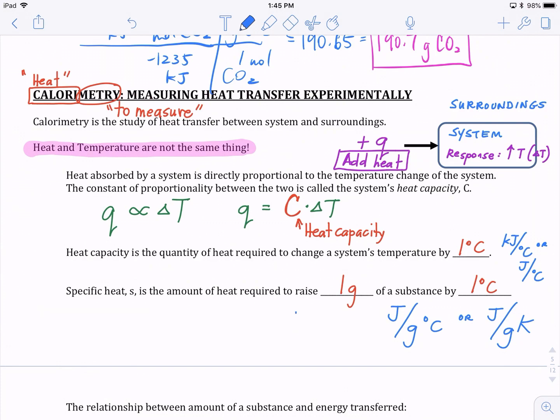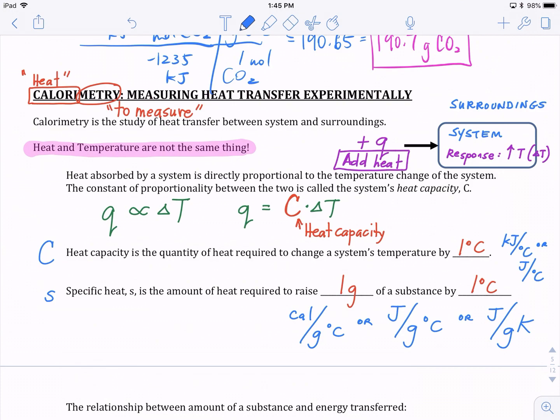Could be calories per gram degree Celsius, just like your heat capacity could be calories per degree Celsius. But the only difference in those units is plugging in the gram, because specific heat has to do with the specific system we're talking about. So then we can talk about how much energy it takes to raise a gram of it by a degree. So those are our two things here: heat capacity C, specific heat little s.